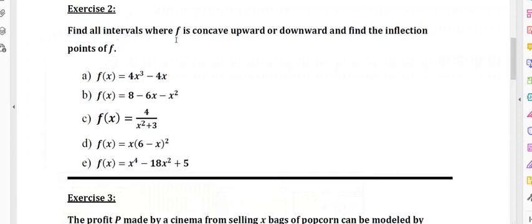Find all intervals where f is concave upward or downward, and find the inflection points of f. Now we will directly get the first derivative of f, which is 0, negative 6, and then minus 2x, followed by the second derivative, which will be negative 2.